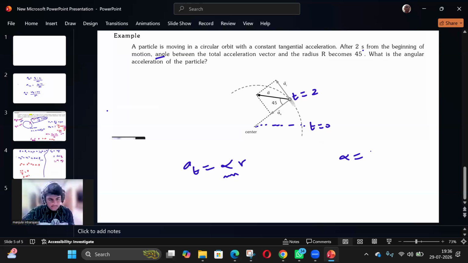The angle between total acceleration and the radius is 45.